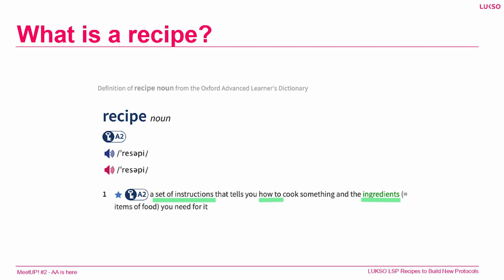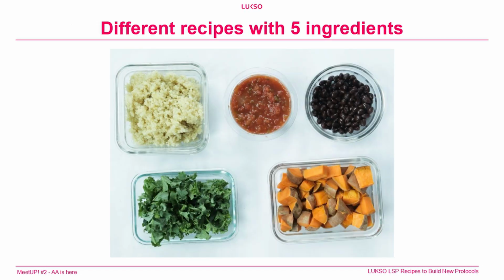So it's literally a tutorial. It's how to make, for instance, spaghetti carbonara. You can also think of it, from the starting point, as a process of what you can do with these ingredients. So basically, with the same set of ingredients, you can arrive at different dishes with different steps and different processes.